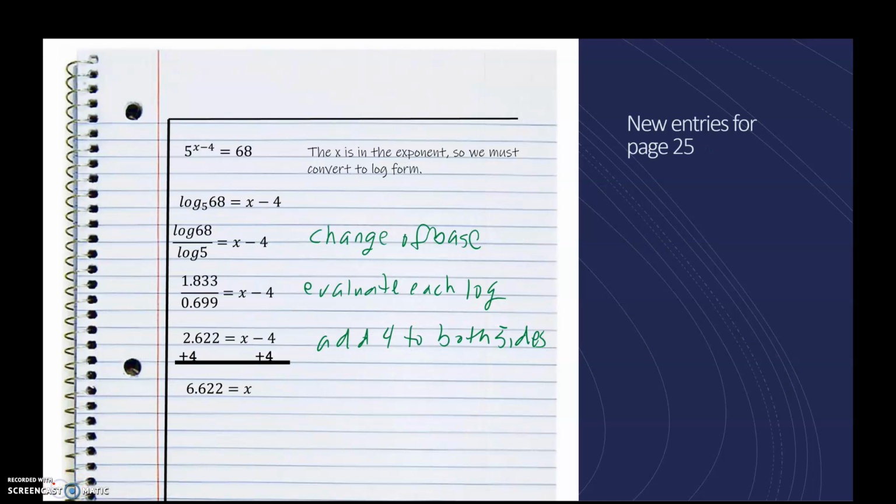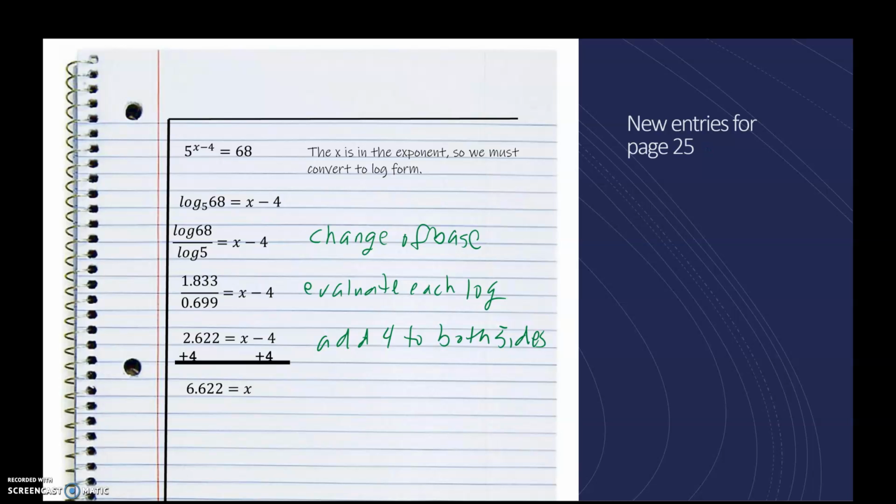And then we get to the next problem. This looks a little more complex. Once again, there's a variable in the exponent, and the exponent is x minus 4. So let's go ahead and convert this. We convert it to a logarithm, and that gives me log base 5 of 68 equals x minus 4.